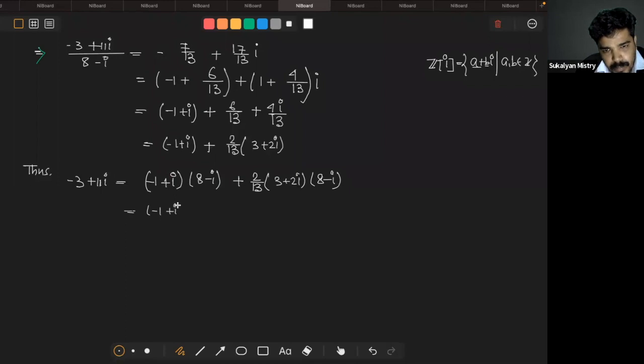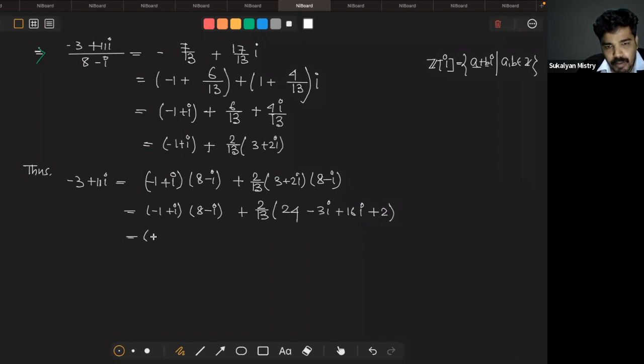so that equal to -1 plus i into 8 minus i plus 2/13, just multiply koro, multiply করলে 24 minus 3i plus 16i minus 2i square, that is plus 2.